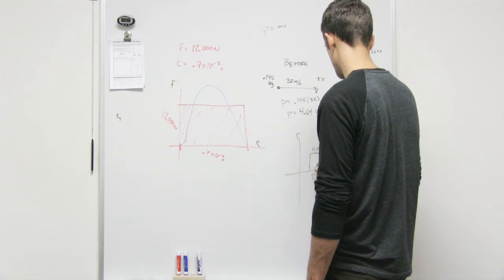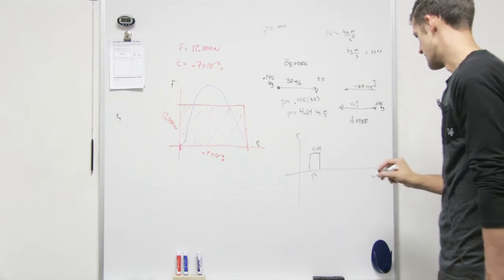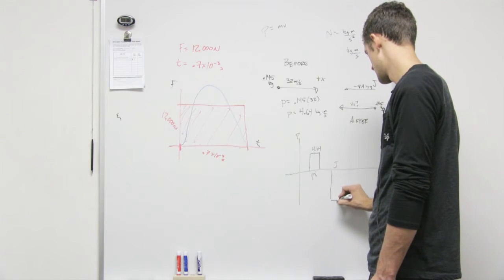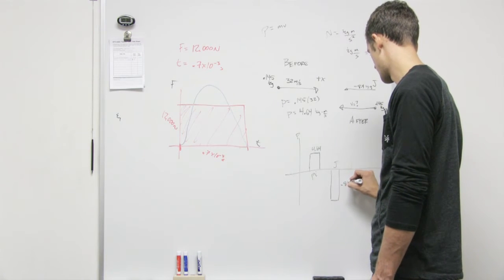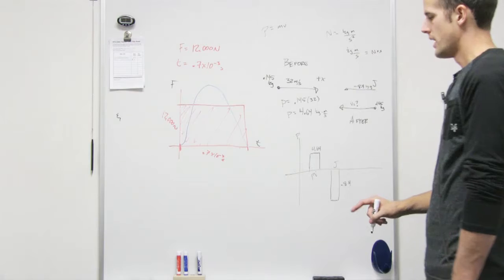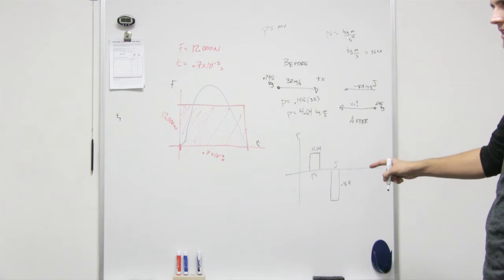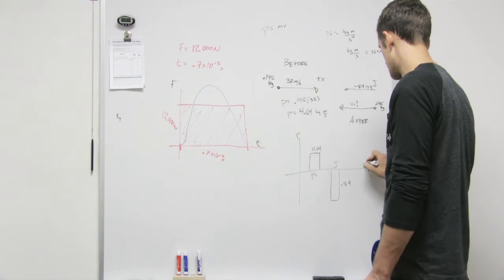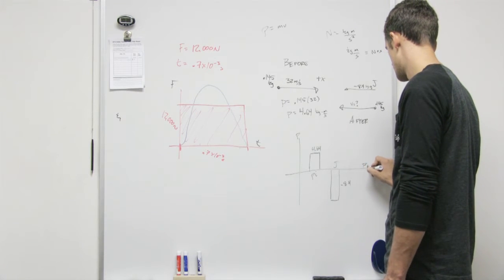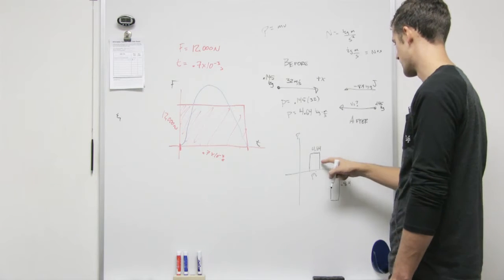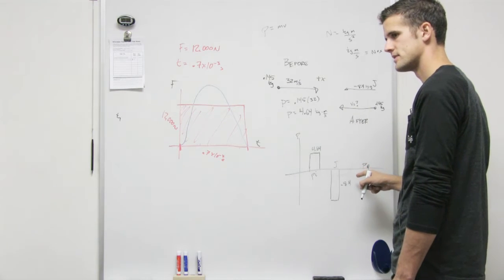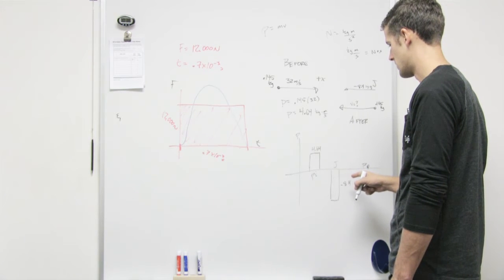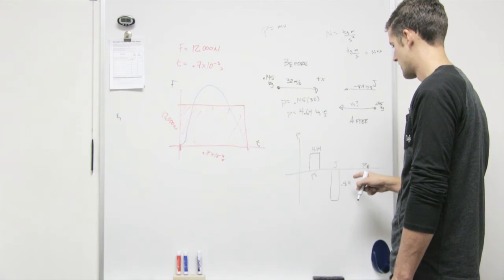This is your initial. Then your impulse is negative 8.4.